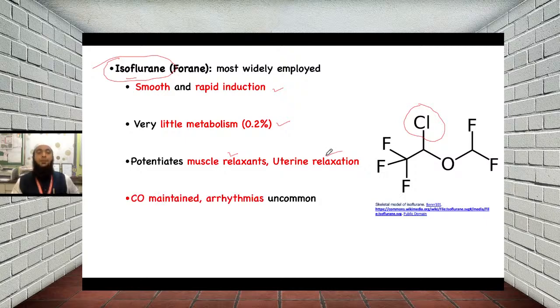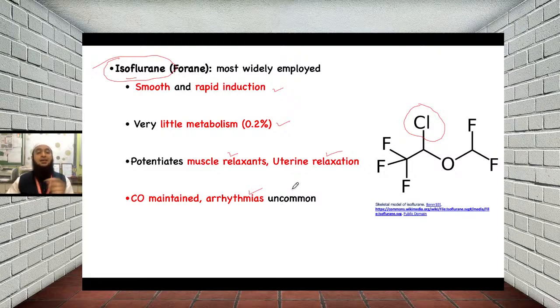The next advantage is that the cardiac output (CO) is maintained, and arrhythmias are uncommon. We have seen that most general anesthetics have some effect on cardiac output. In the last lecture, nitrous oxide produced little effect on the cardiovascular and respiratory systems, mainly on blood circulation.